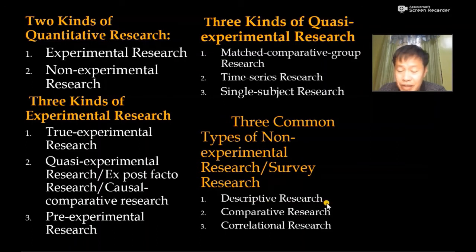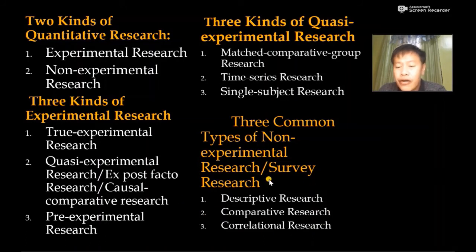We have the descriptive research, comparative research, and the correlational research. You can have descriptive comparative research, you can have descriptive correlational research, but the three main kinds of non-experimental research or survey research. Why survey research?